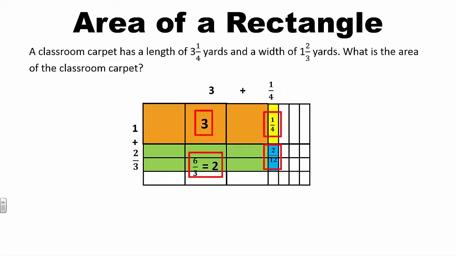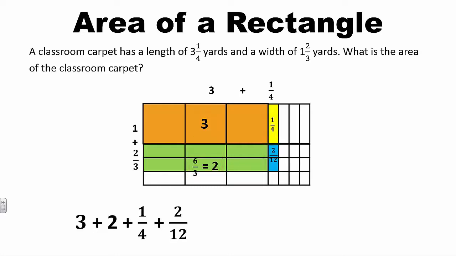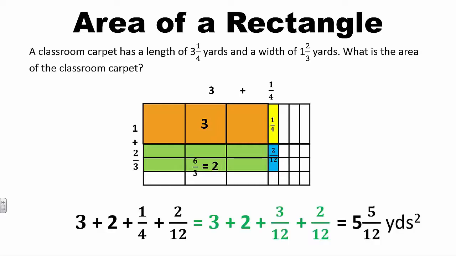Now we need to add the partial products of 3 plus 2 plus 1/4 plus 2/12 to find the total product. After finding a common denominator, we know that an equivalent problem is 3 plus 2 plus 3/12 plus 2/12, which equals 5 5/12. The carpet has a total area of 5 5/12 square yards.